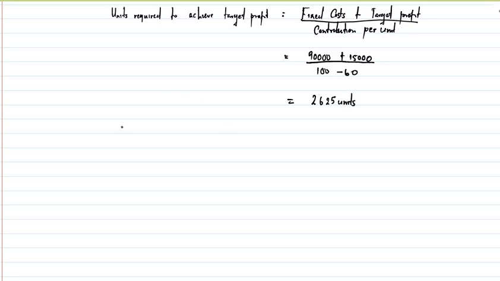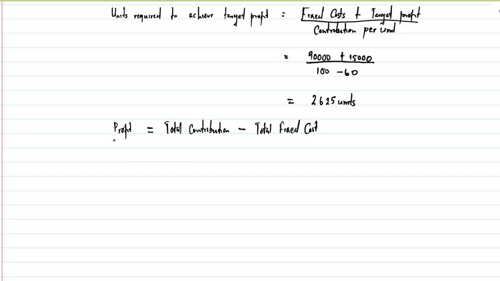Right, alternatively, one would say, how do I calculate profit? Profit under marginal costing, we say total contribution minus total fixed costs.